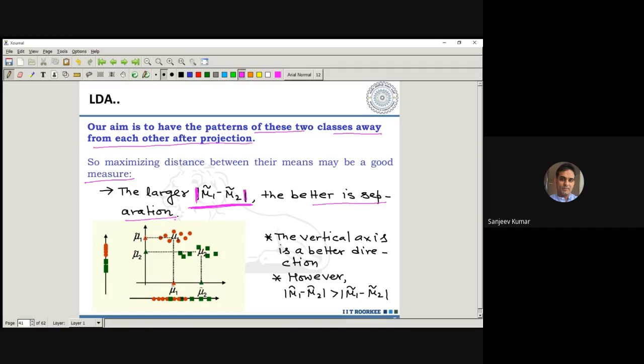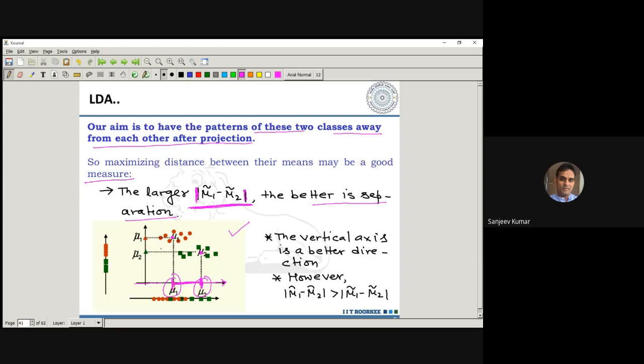But is it true? Let us see from this particular example. If you see here, this is the mean of class 1, this is the mean of class 2, meaning mu1 and mu2 before projection. If I project this data onto the horizontal axis, this is your mu1 tilde and this is your mu2 tilde, and this is the distance between them.